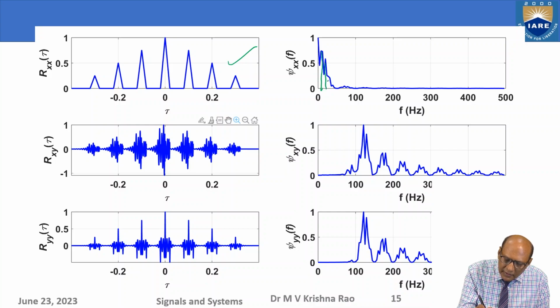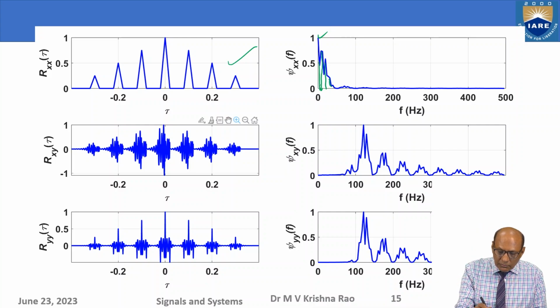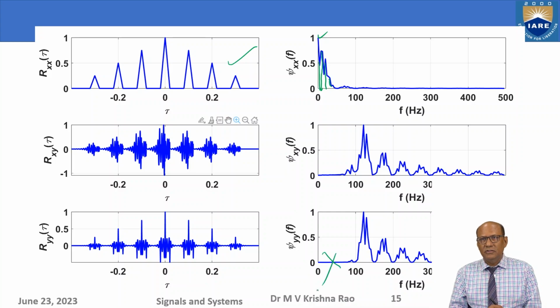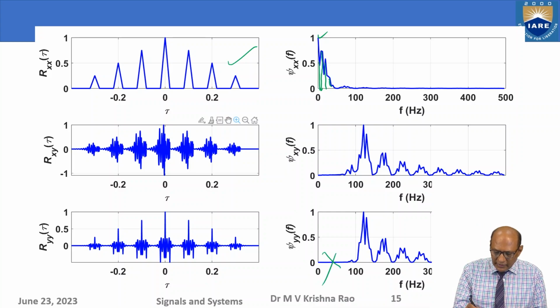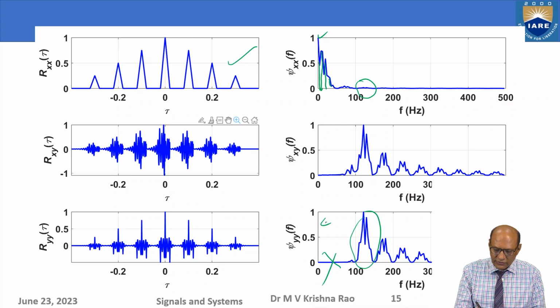There is a split here, and there is a DC value here, and a split here. But these components are not passed in the output, so only above 100 passes. This is the first one passed, and this corresponds to that one. This is less than 0.1 or 0.05, something like that, very small.